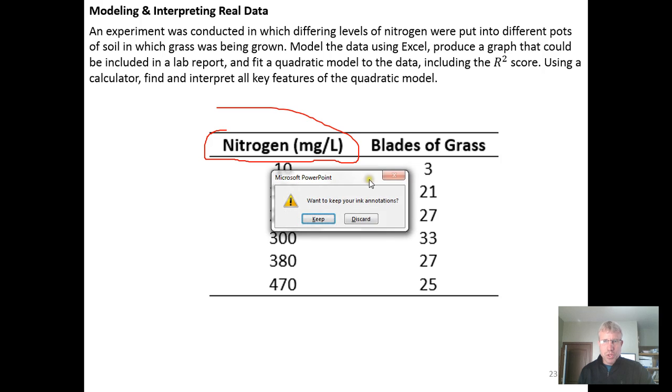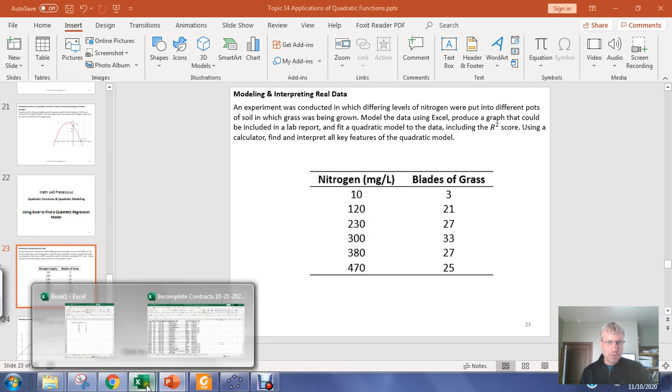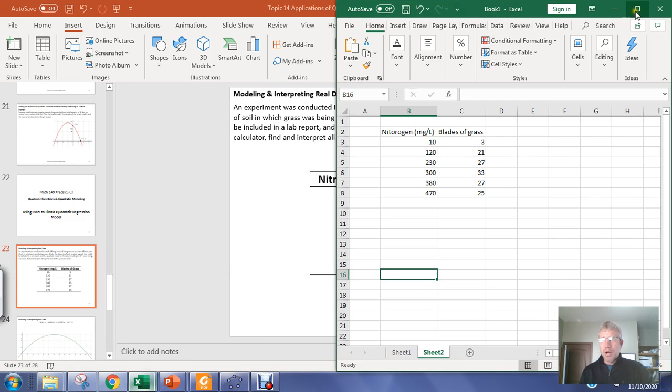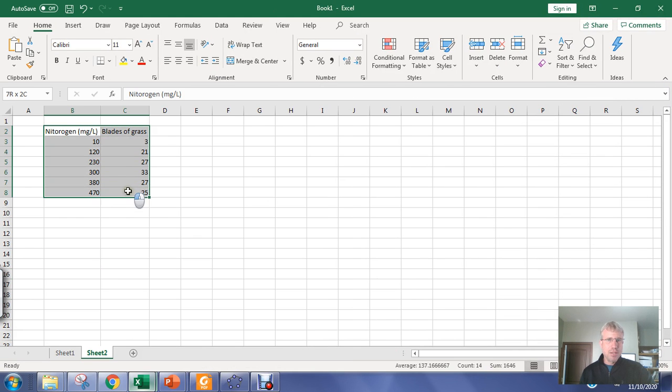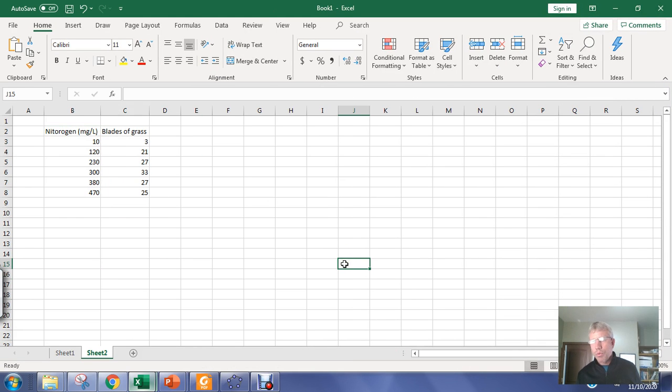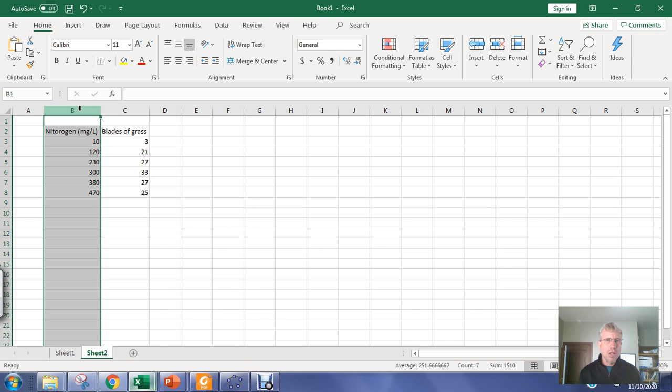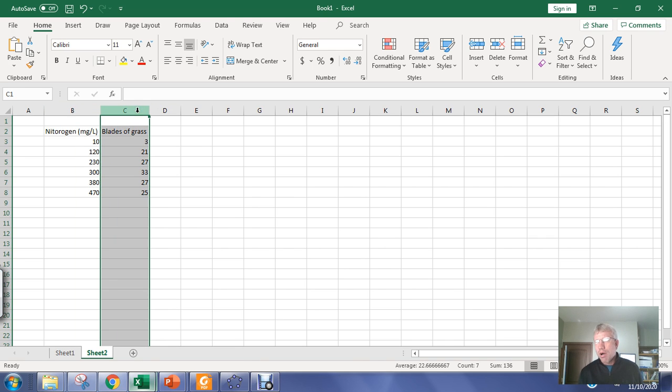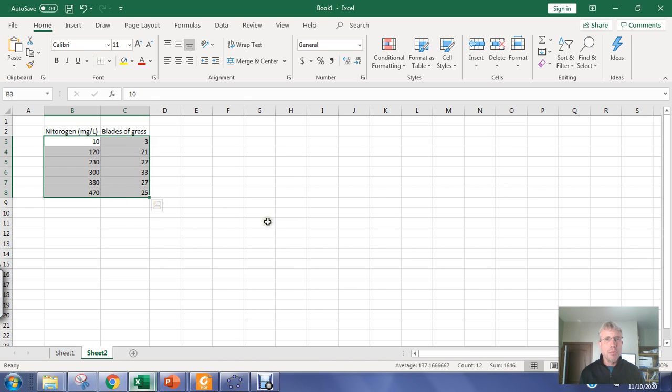So I'm going to switch over to Excel. I've already typed my data into Excel, and this is going to work just like it did with the linear regression model. You highlight your two columns of data. Make sure that your input column is first and your output column is second, so that Excel correctly guesses what the inputs and outputs are.